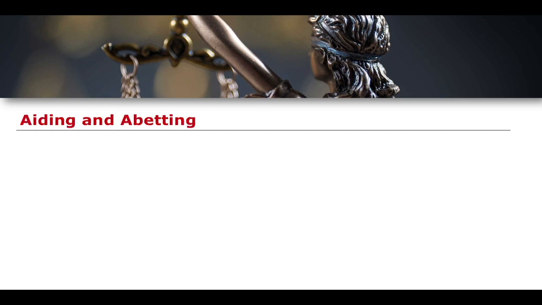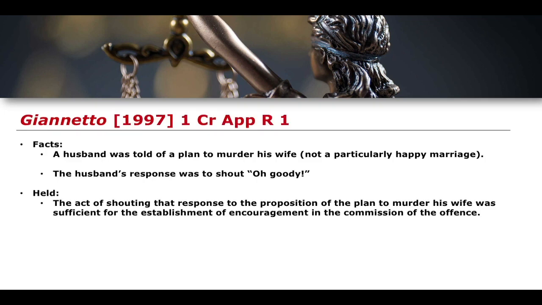And you can understand quite easily why this would be the case, because not only can you understand the communication aspect, which is pretty trivial, the response to the plan, "Oh goody," was clearly communicated to the primary defendant.